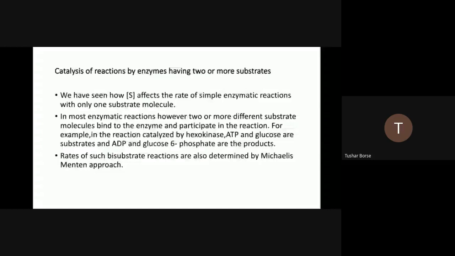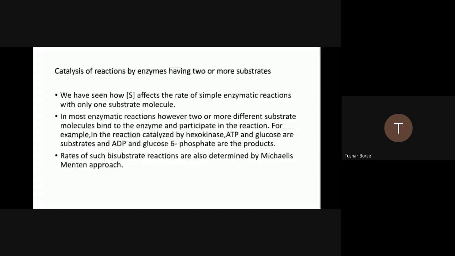But it is not compulsory that the enzymatic reaction should be a two-step reaction in order to obey Michaelis-Menten kinetics. Most of the reactions have more than two steps, probably most of the biological reactions.